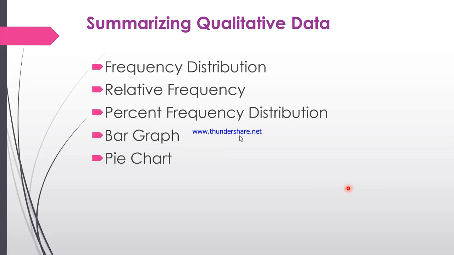One is the frequency distribution, then the relative frequency distribution or percent frequency distribution, then the bar graph and the pie chart. Here, we want to summarize one variable at a time. Frequency, relative frequency or percent frequency, then the bar graph and the pie chart. All these things you learned in O-level mathematics.